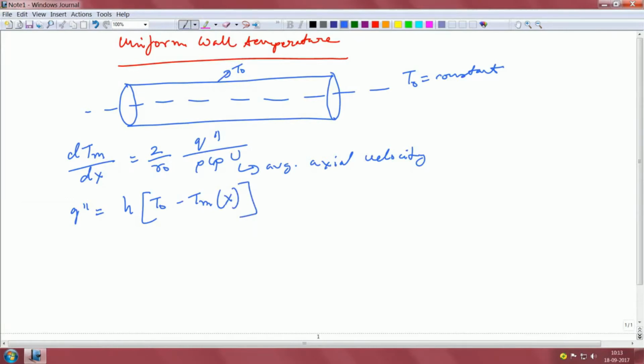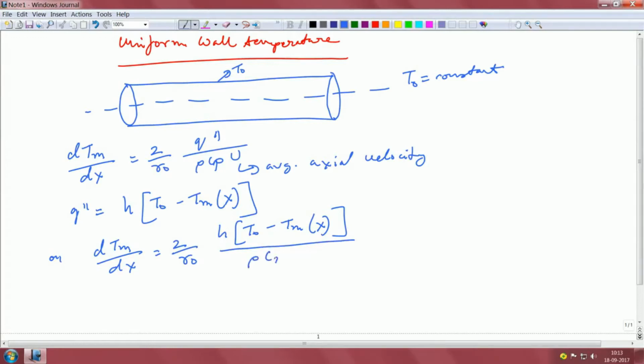That was also given, or in other words, dTm by dx is 2 by R naught times H into T naught minus Tm as a function of x, divided by rho Cp U. Or dTm by T naught minus Tm equals 2 by R naught H by rho Cp U into the corresponding dx.